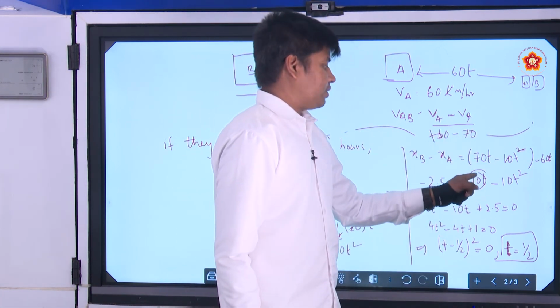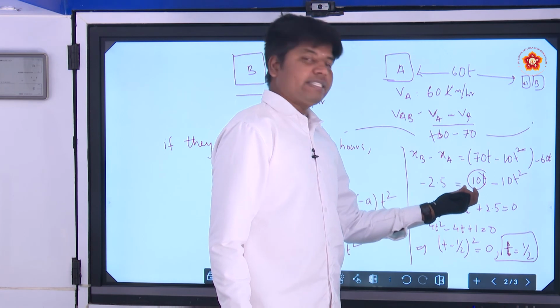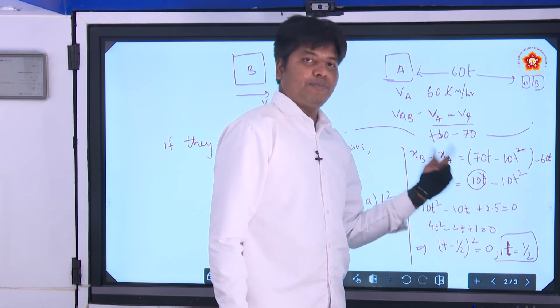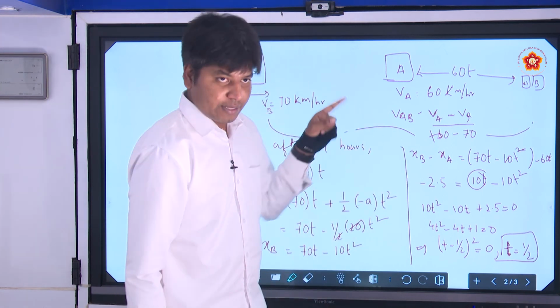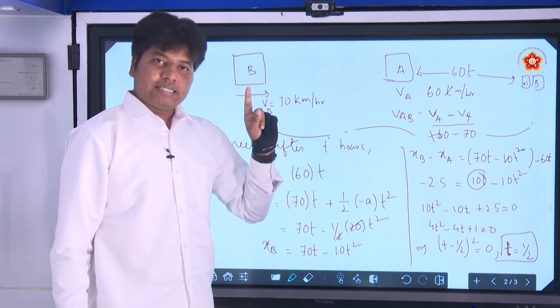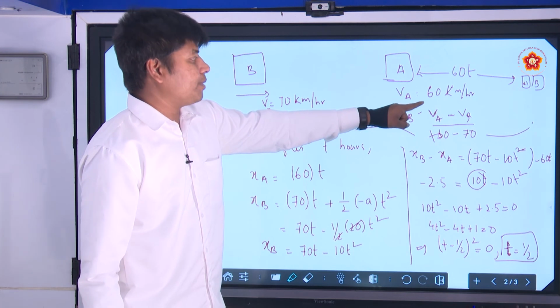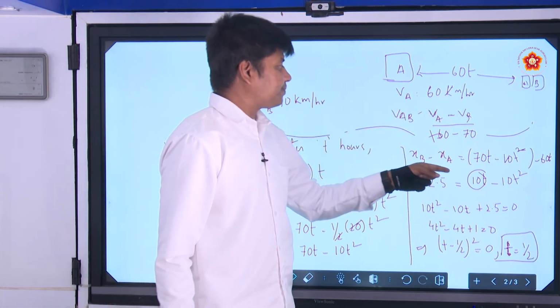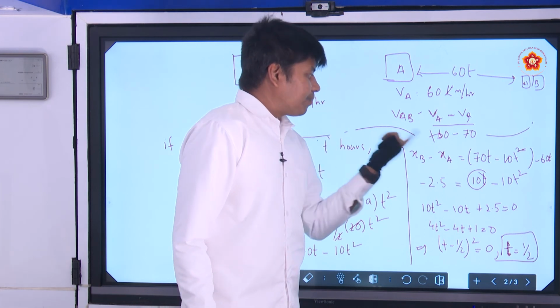10 into t. So the initial relative velocity is 10t, because one is starting at 70 km per hour, the next one is starting at 60 km per hour. The relative velocity of A with respect to B is what? Minus 10t.